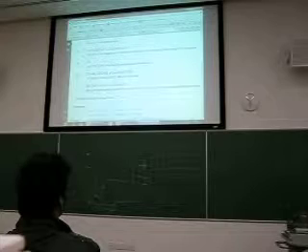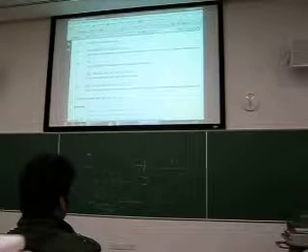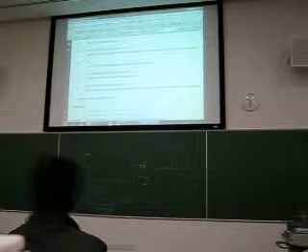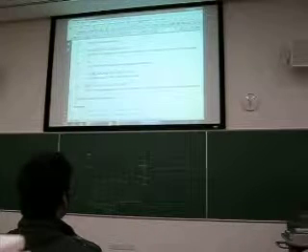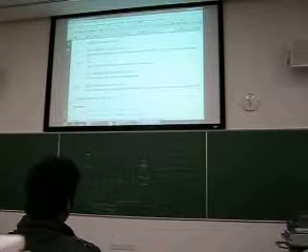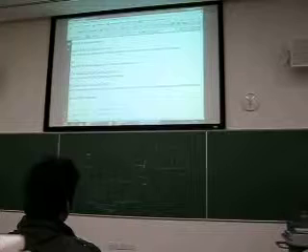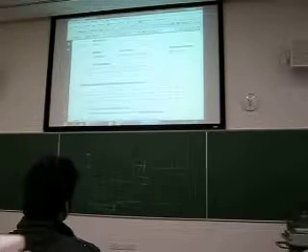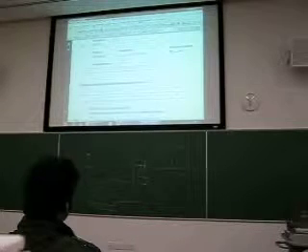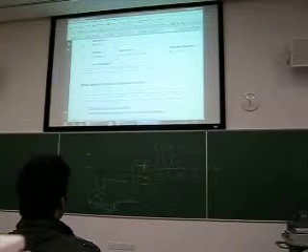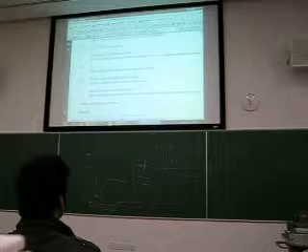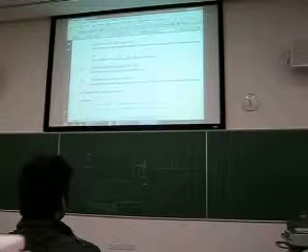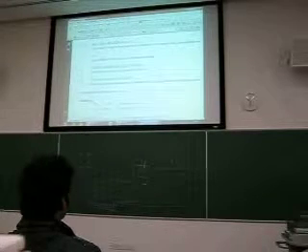So I would set the carry flag if the value of this register is larger than RD. So RR here, if I look up, this one should be larger than this one. Then I would set this carry bit. Yes?